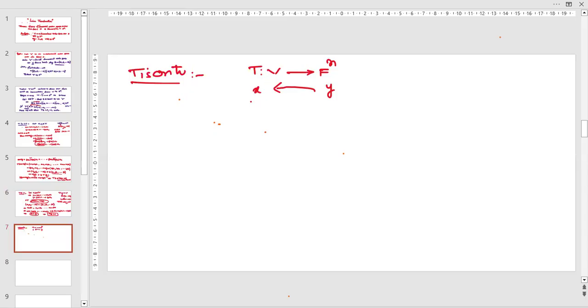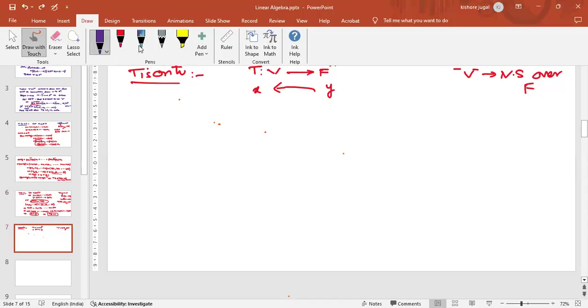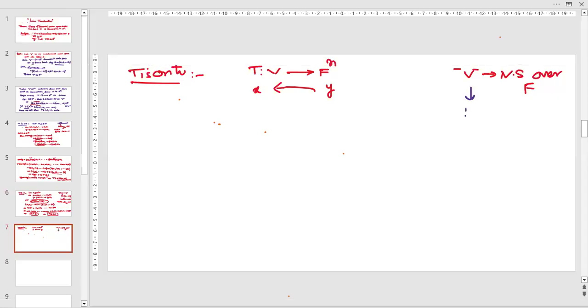And then applying T, we will show that T of X is equal to Y. So we will apply this. Now what do we have for V? V is a vector space over F. And what is its basis? The basis that we have is B is equal to V1, V2, so on to Vn.